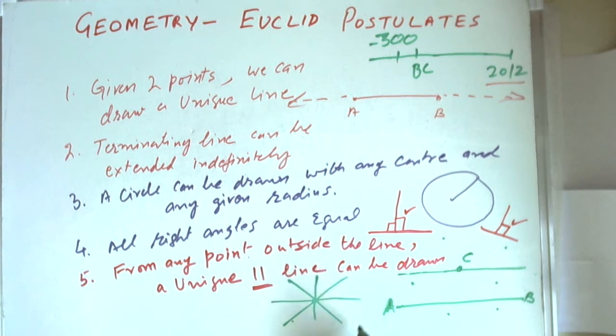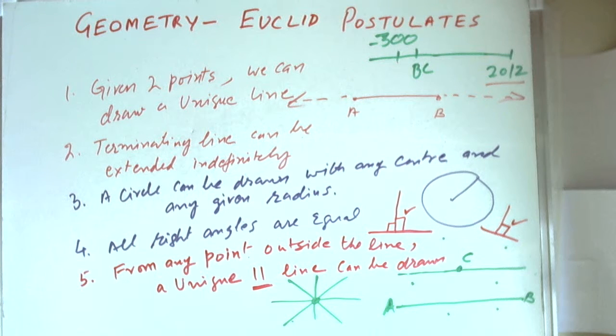So we can draw infinite number of lines passing through the point. So this is also an extension of postulate number 5. And also that a line has infinite points. Because infinite number of lines can be drawn from a point, similarly a line has infinite number of points.